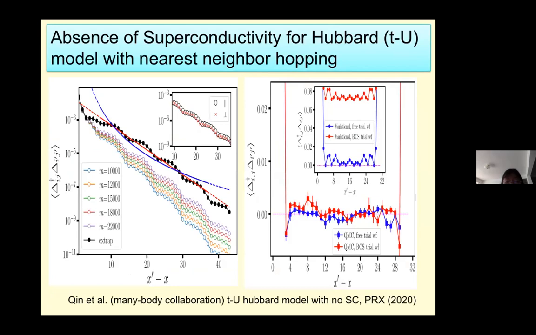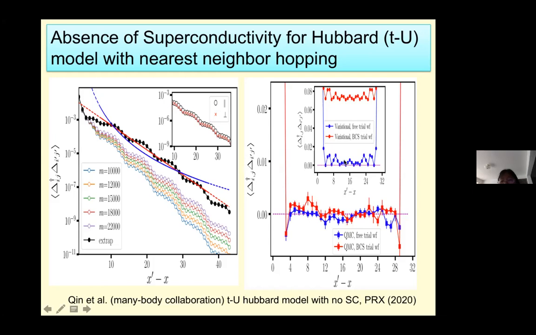Then I also want to cover the work by the Simons Many-Body collaboration, which gives the conclusion that there is no superconductivity for the nearest-neighbor Hubbard model. Another very insightful picture is from quantum Monte Carlo.